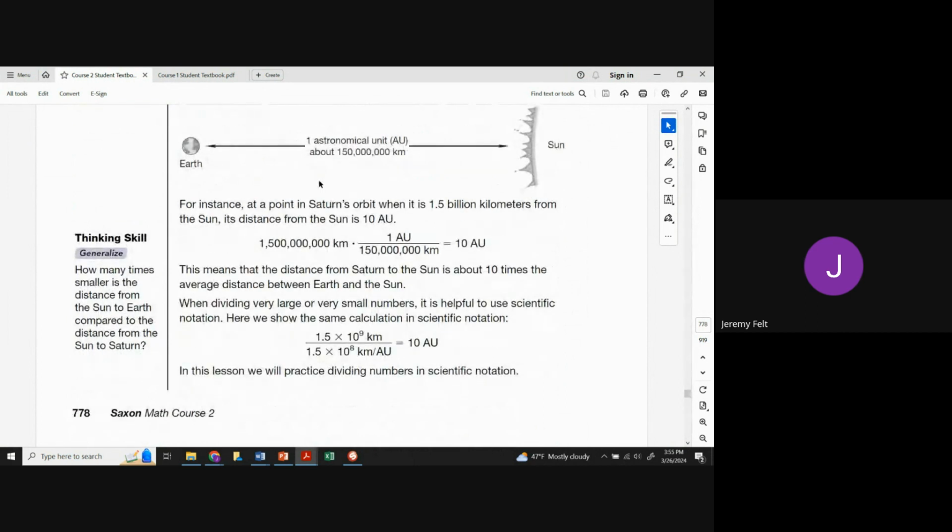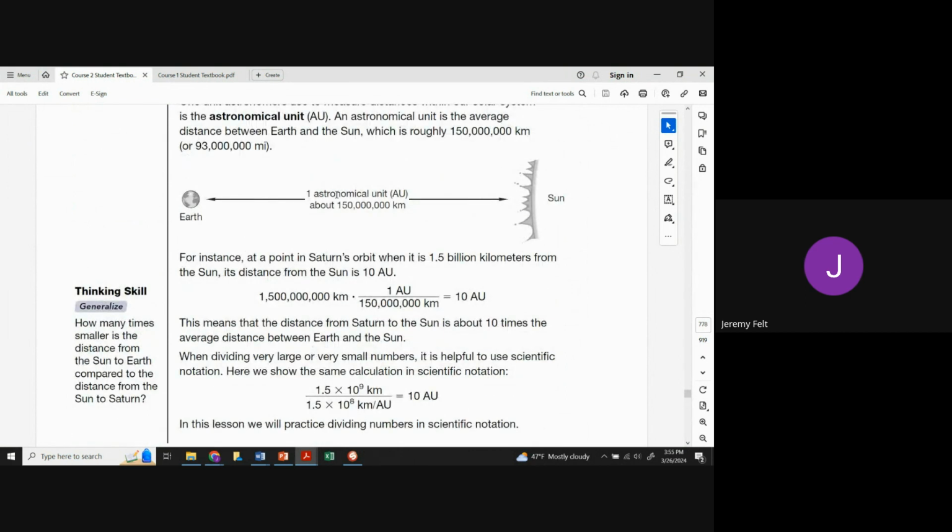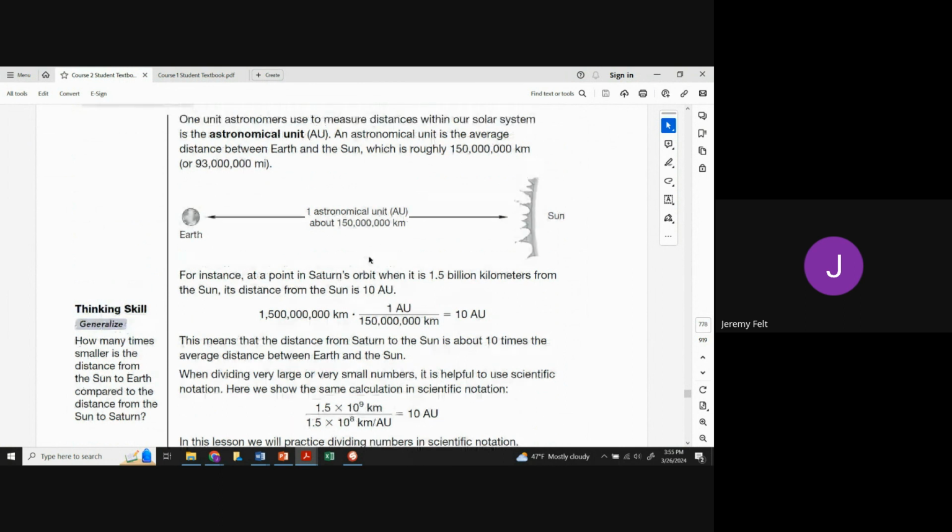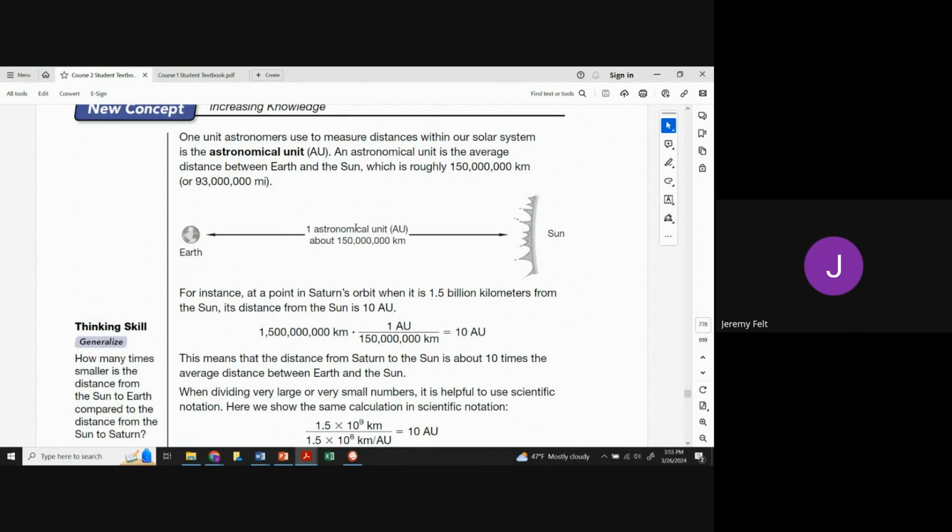So we have these astronomical units, where an AU is about 150 million kilometers, which is the distance between the Earth and the Sun, or 93 million miles, but we'll just keep it in kilometers.